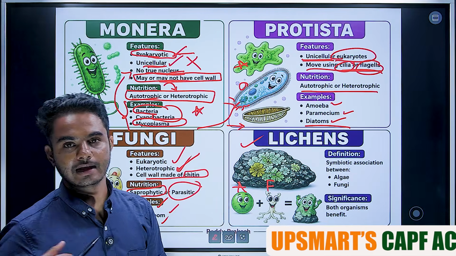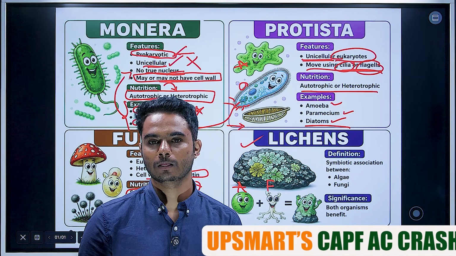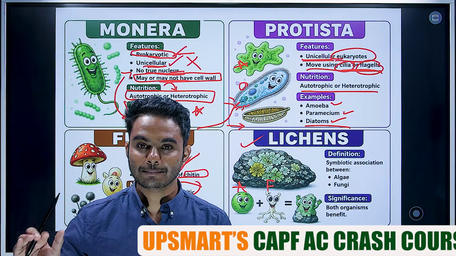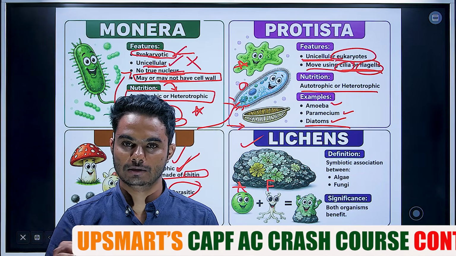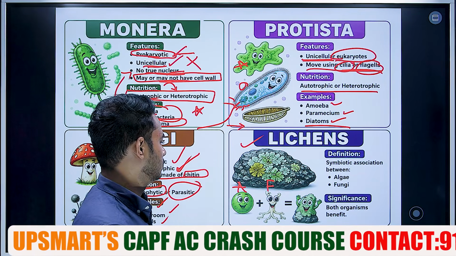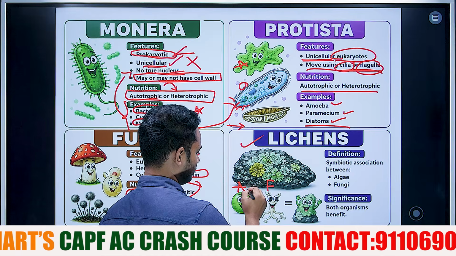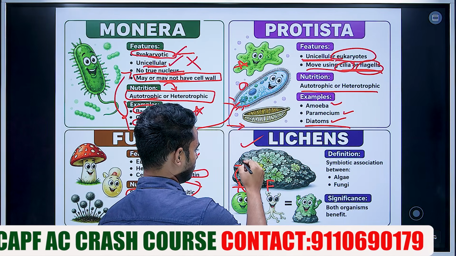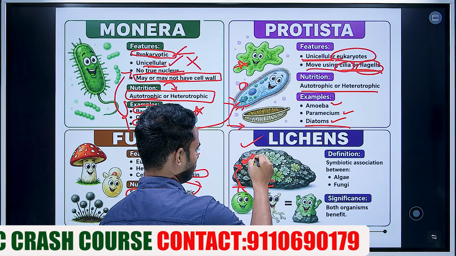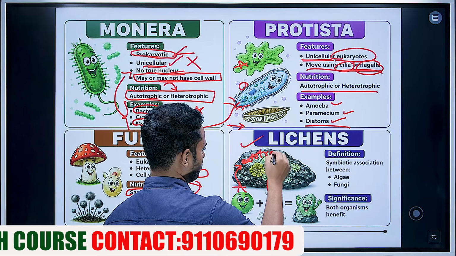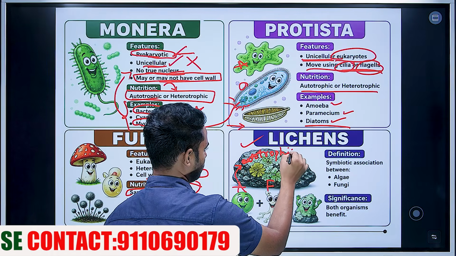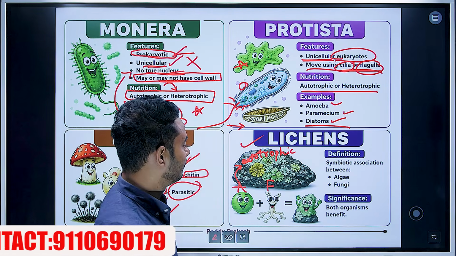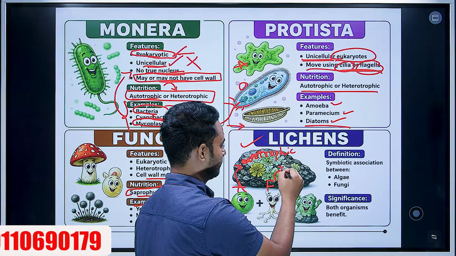Algae is usually autotrophic. It can prepare its own food. It has chlorophyll. Algae is autotrophic. Fungi are heterotrophic.